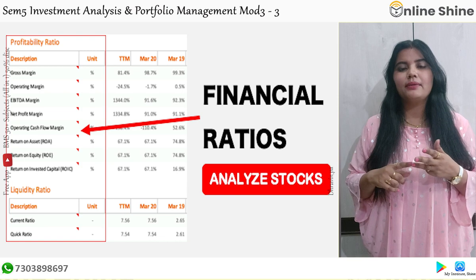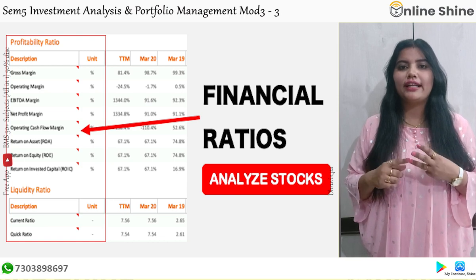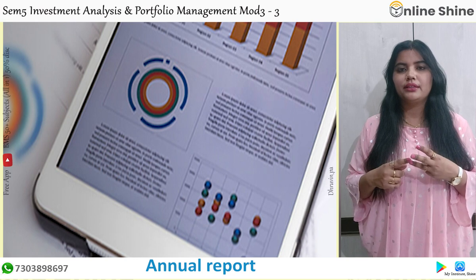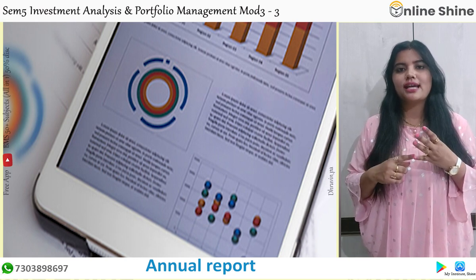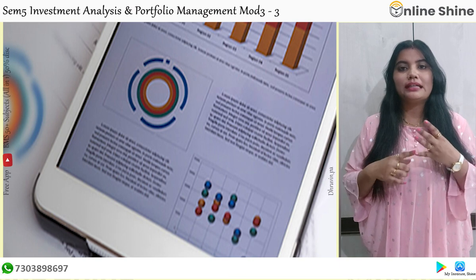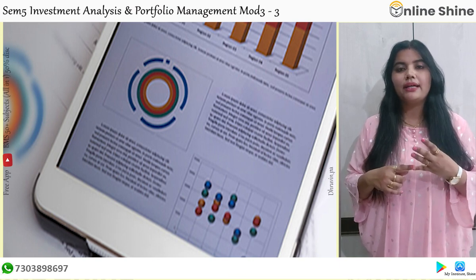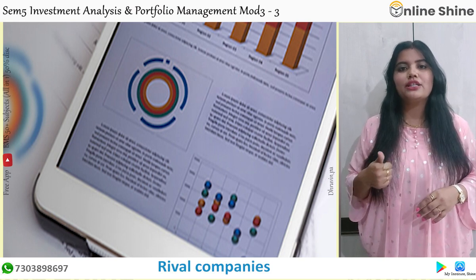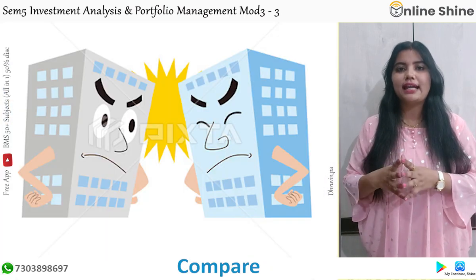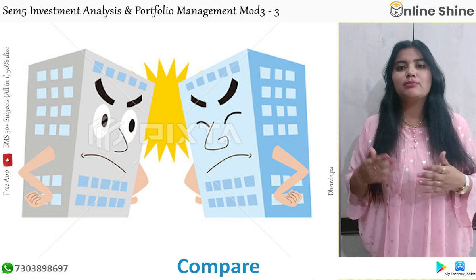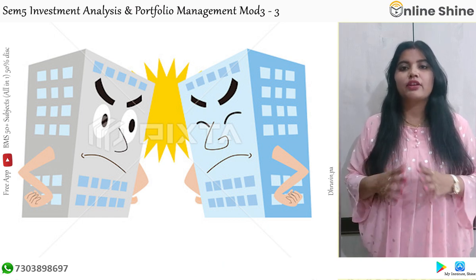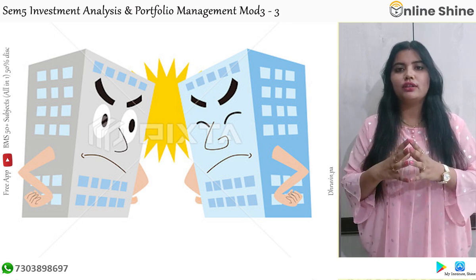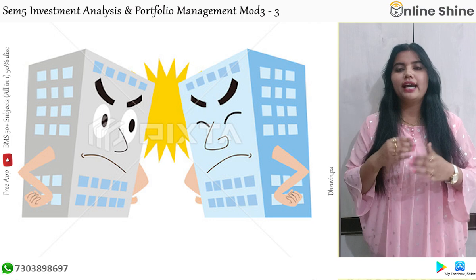The third step is to study the financial and annual reports of the company. And the fourth step is also about reading the annual reports but of the rival companies. Next step is to compare the company's debt structure with its peers and rivals. Finally, you need to analyze the prospects of the company to find out its worth.